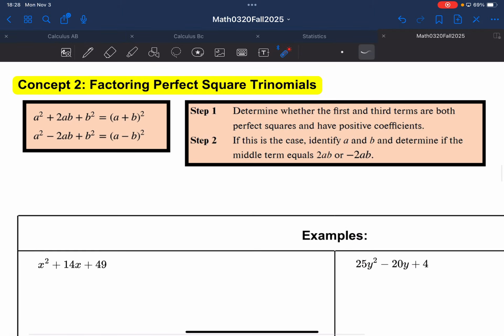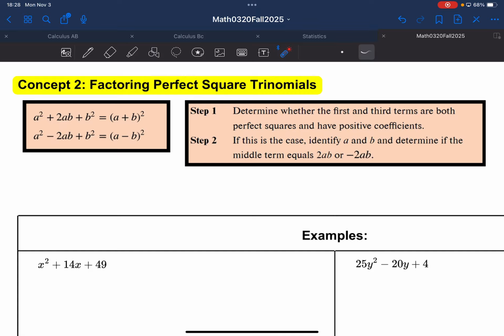Okay, so now we're going to do something a little bit more challenging, and that is factoring perfect square trinomials. So what we were doing before is we were factoring perfect square binomials, which means we only had 2 terms, and now we're going to have 3 terms.